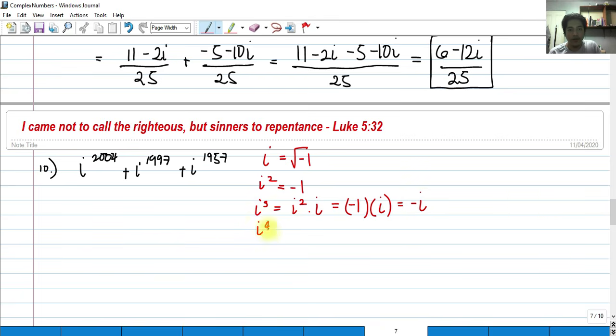But i raised to 4, remember that it could be split up into i squared times i squared. And i squared is simply equal to negative 1, that's times negative 1, that's equal to 1.